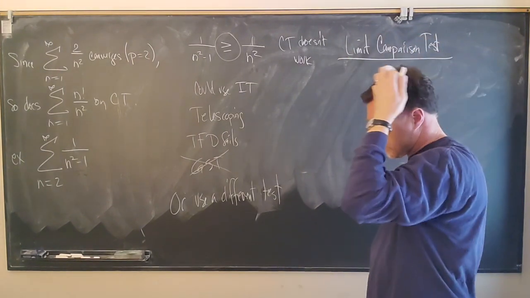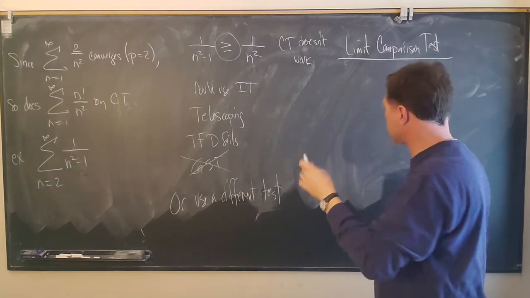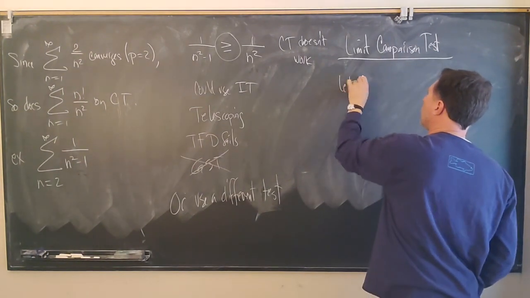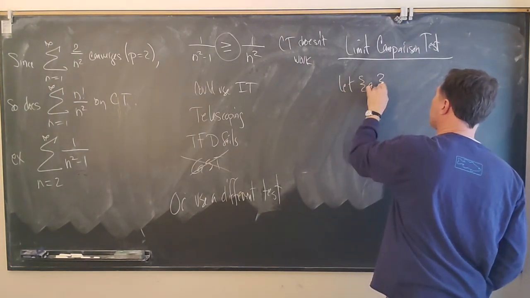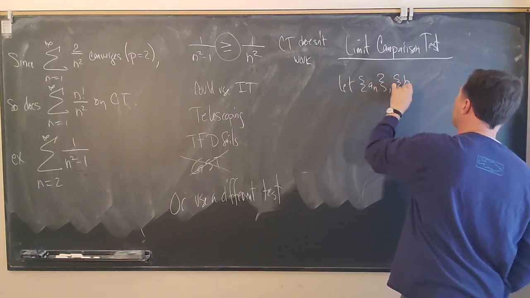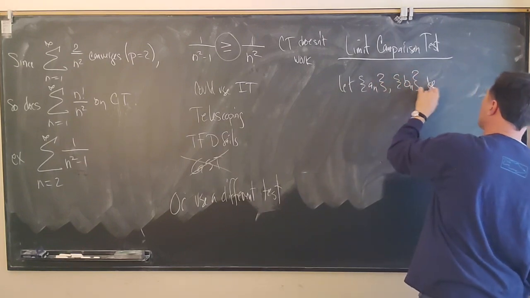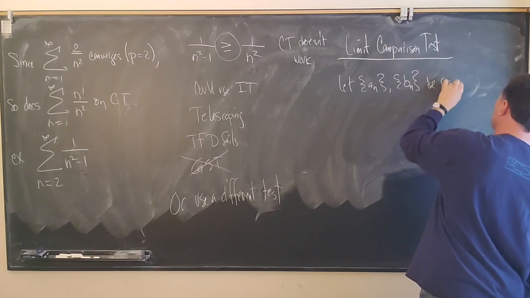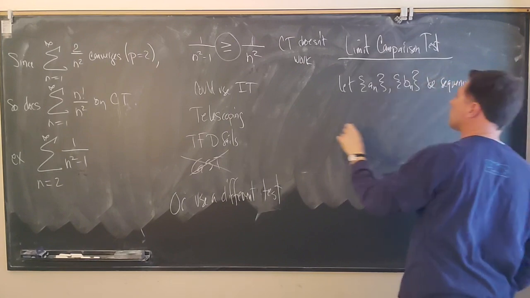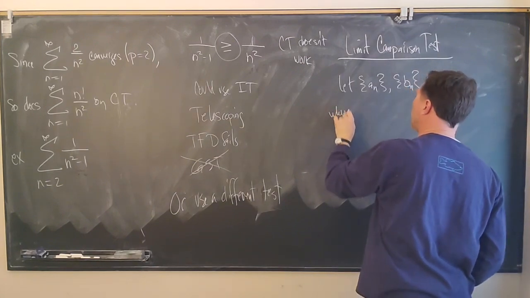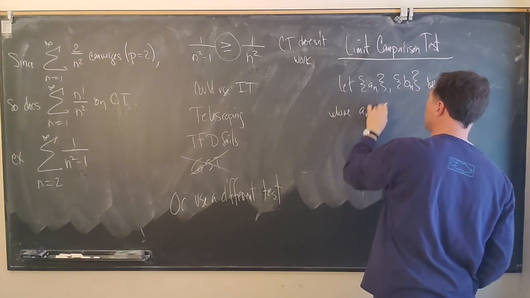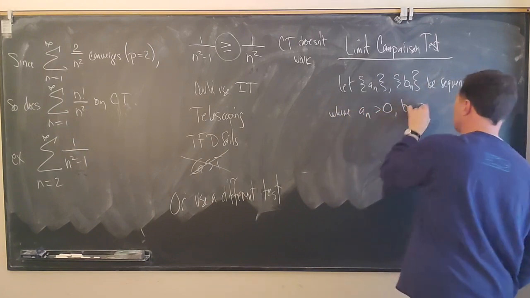And so it starts off the same, right? We've got a couple of sequences, so let a sub n and b sub n be sequences where all the terms are positive. So a sub n's are greater than 0, and all the b sub n's are greater than 0.